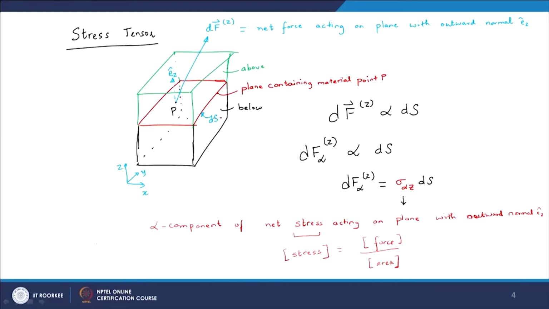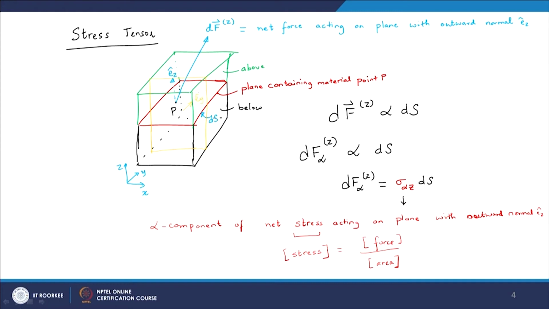Okay. So, now although I have drawn it in this particular way, in practice I can draw a variety of planes with different outward normals. I can, for example, also draw a plane around P that may be like that, which has an outward normal along the y direction.